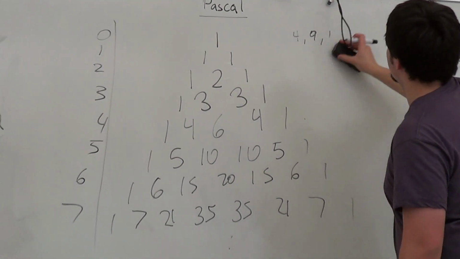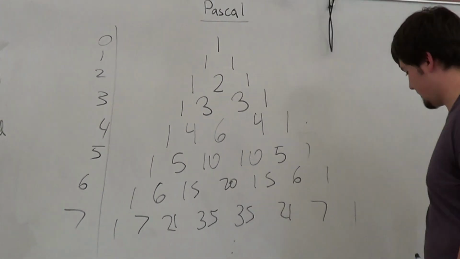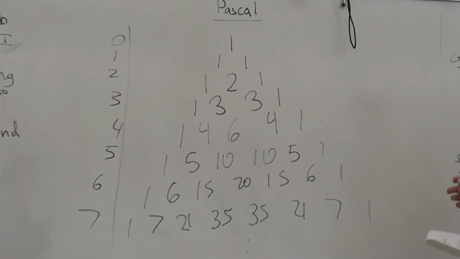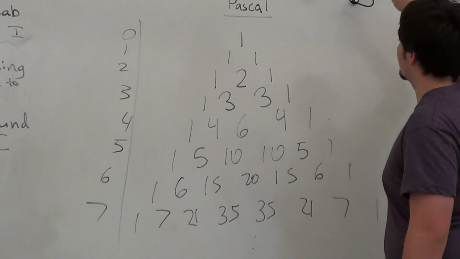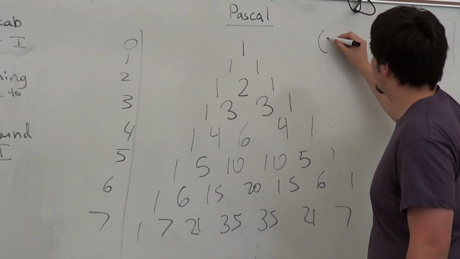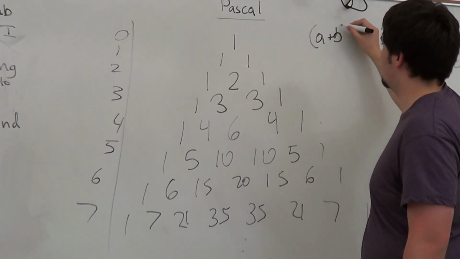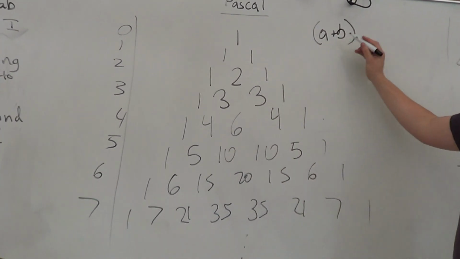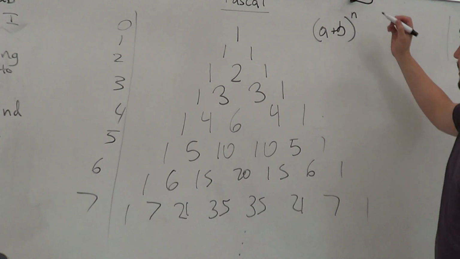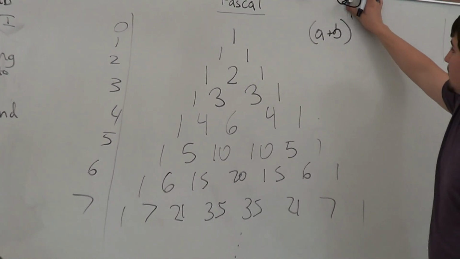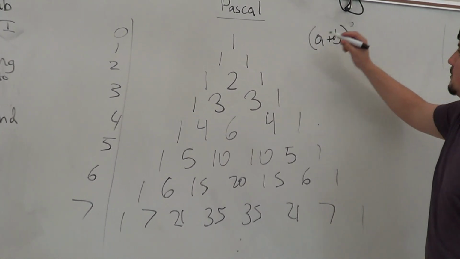What about expanding? If you have a binomial, a plus b to a power of n. If we raise it to the 0 power, it's going to be 1.